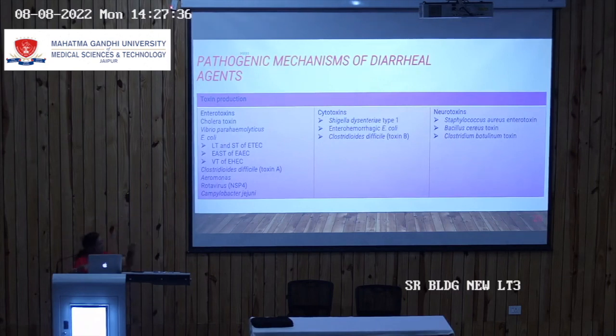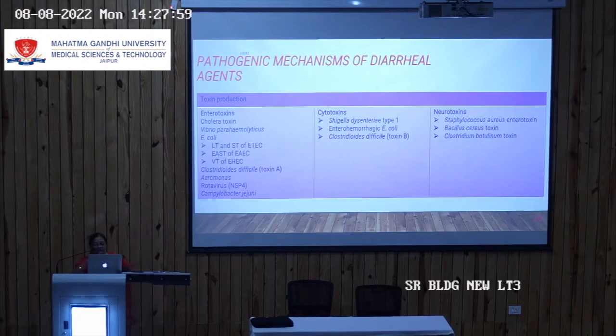Then there are certain bacteria which will produce cytotoxins. Cyto means toxic to the cells. So they are cytotoxic, produced by Shigella, enterohemorrhagic E. coli and Clostridium difficile, that is the toxin B of C. difficile.